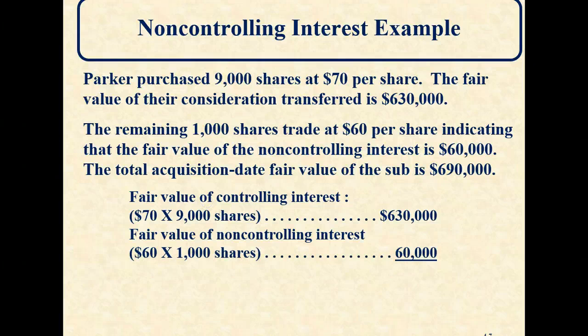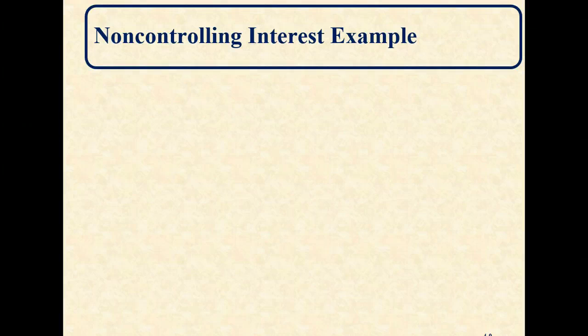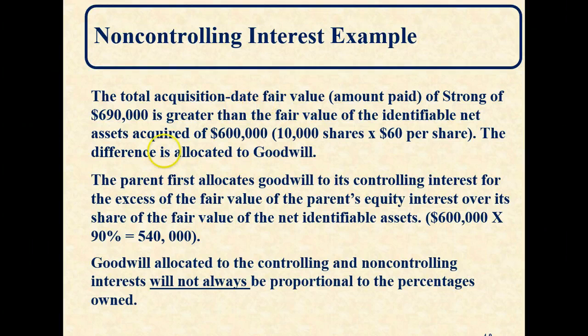The fair value of the assets is $600,000 for 100%, but 90% of these assets are going to be ours. So 90% of the assets of the company, or $540,000 here, is really the portion of the fair value of the assets we're buying. But we're paying $630,000 for a company where our portion of those assets at fair value is $540,000.